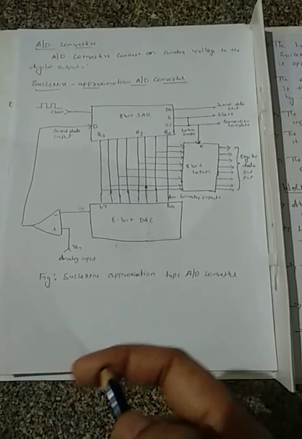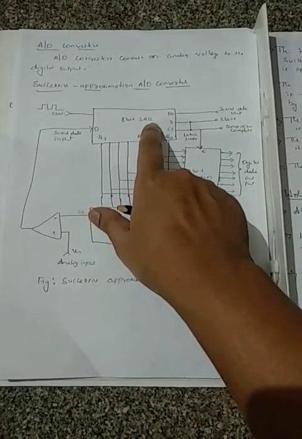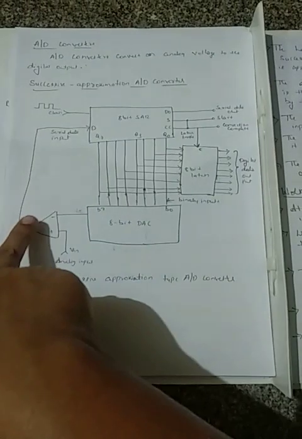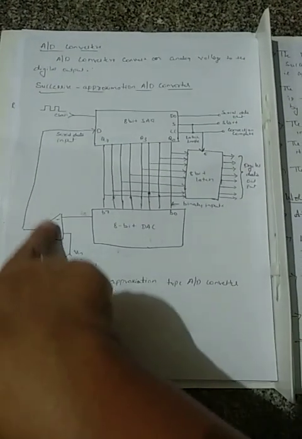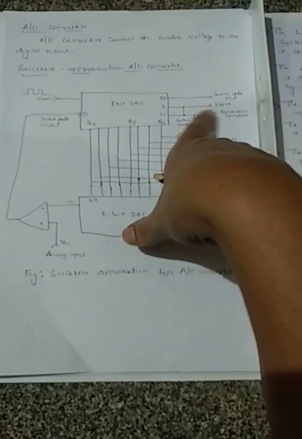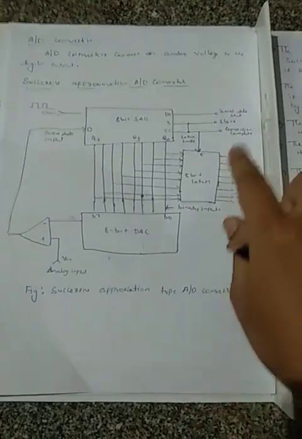converter. It consists of an 8-bit SAR, that is the successive approximation register, which has a clock input and the serial data input from the comparator. The outputs are the serial data output, the start signal and the comparison complete signal.